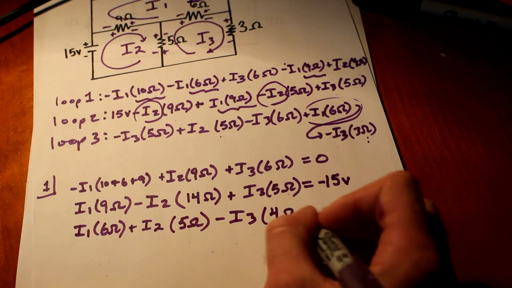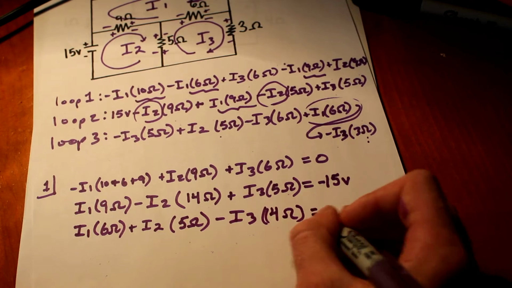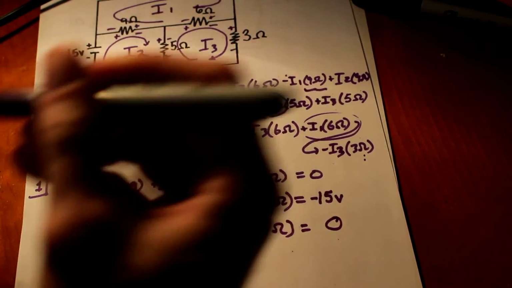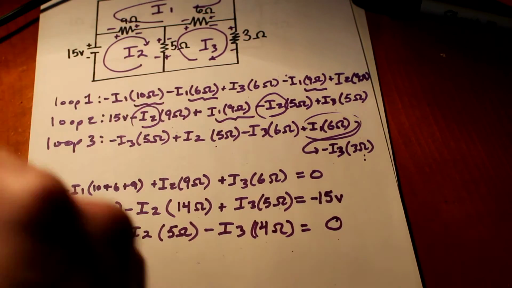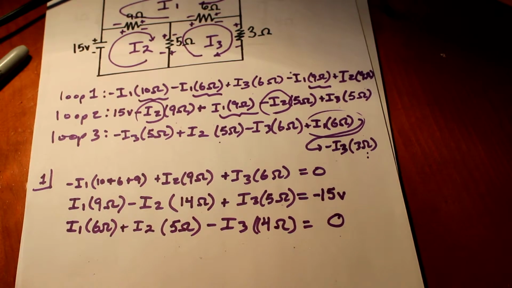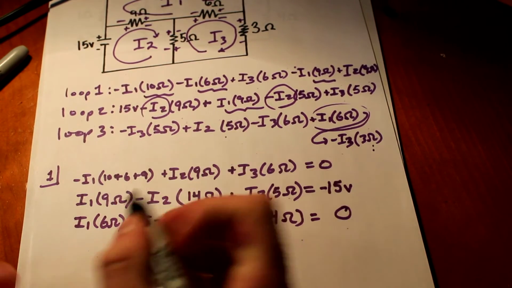Is that right? 14, and equals 0. Now, I'll just write over this a little bit. So this is, we have 10, 6, 9, do a little math in my head.